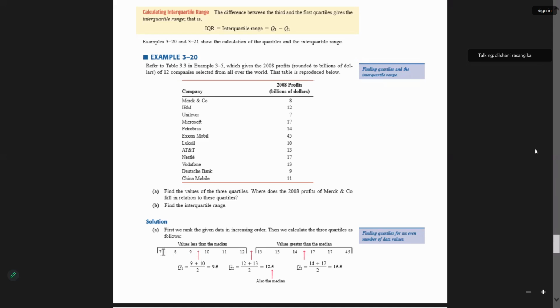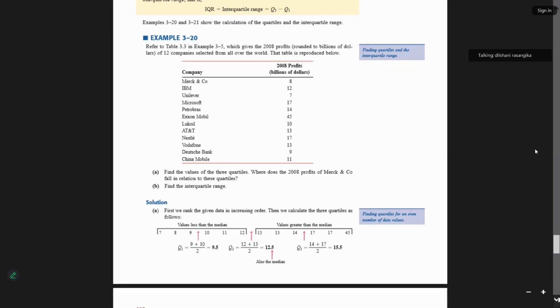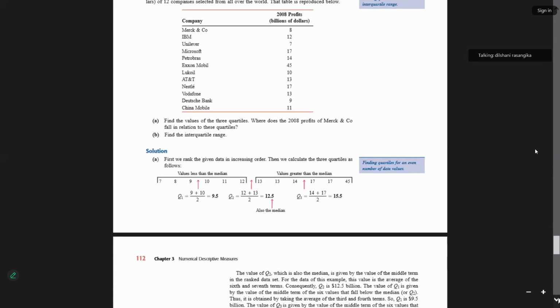That means again we separate this portion into two portions. We take this portion's last value and this portion's first value, and then take the average of those as Q1. Again, the same for Q3. Likewise, we can find Q1, Q2, and Q3.